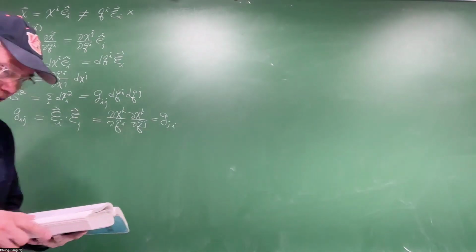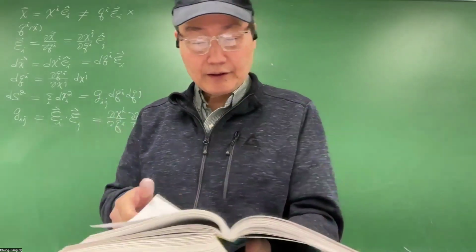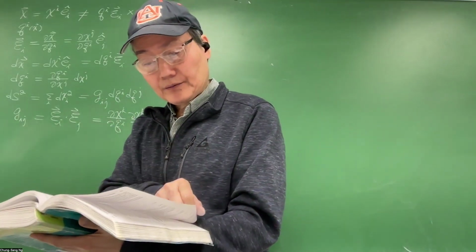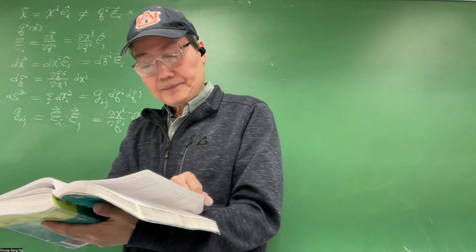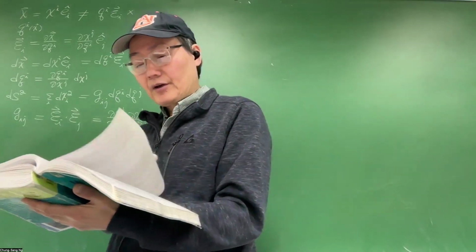And I think your textbook later immediately defines the contravariant metric tensor. You can do that, but we could actually do the other order and go a little bit later in the section to using the contravariant basis, right?